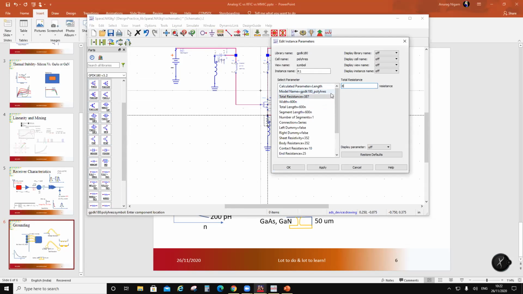Now another thing which happens, this I have seen with many designers. They say, oh, resistor 800 ohms, well and fine. What about the width? What about the current carrying capacity? What about how many VIAs are being used to connect to this?